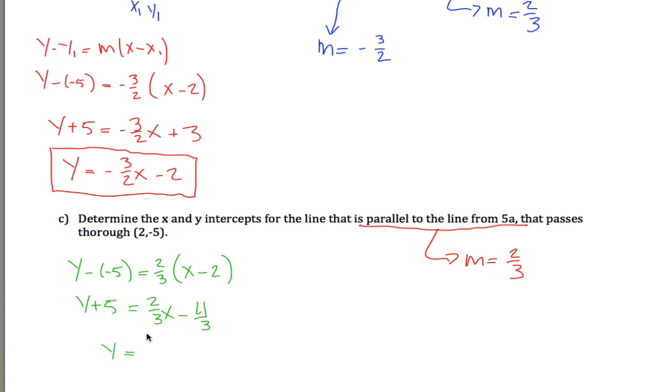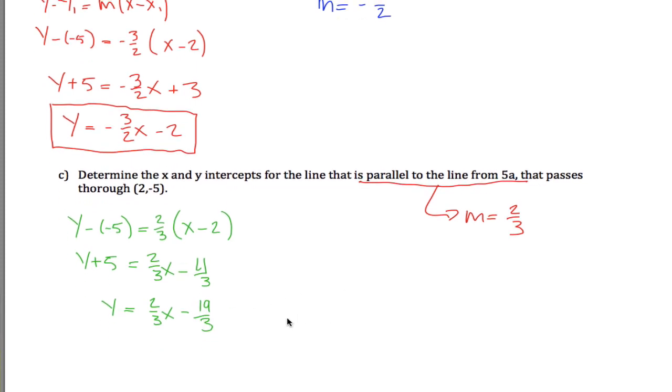So y, if I subtract 5 from both sides of the equation, well, let's see, I'd want a common denominator, so 5 is the same as 15/3. So -4/3 minus 15/3 is -19/3. I thought it would be a good idea to write it in slope-intercept form. You actually don't have to do that.